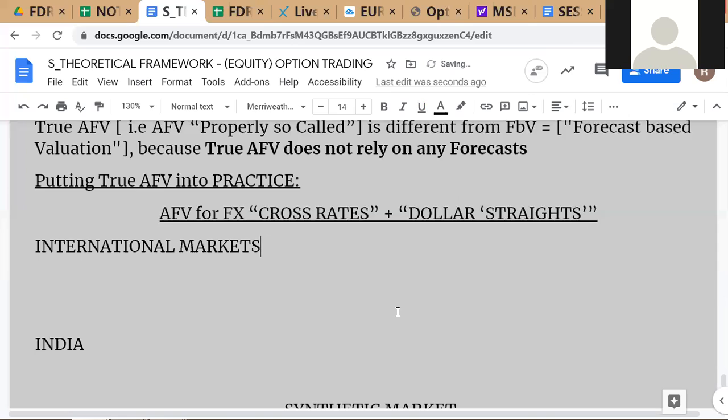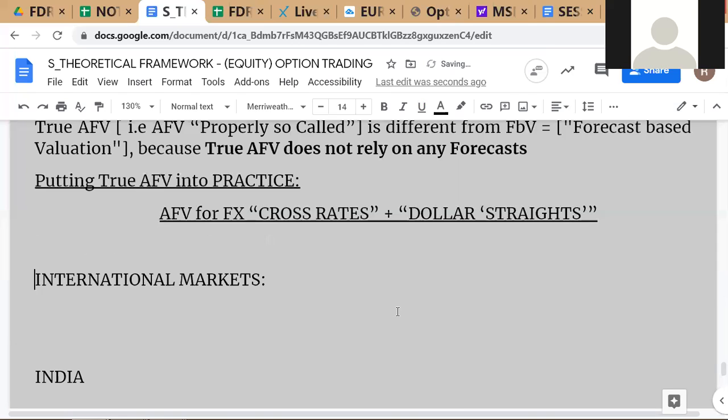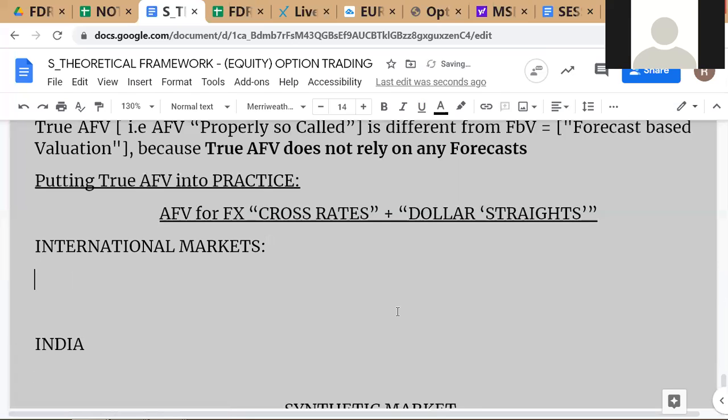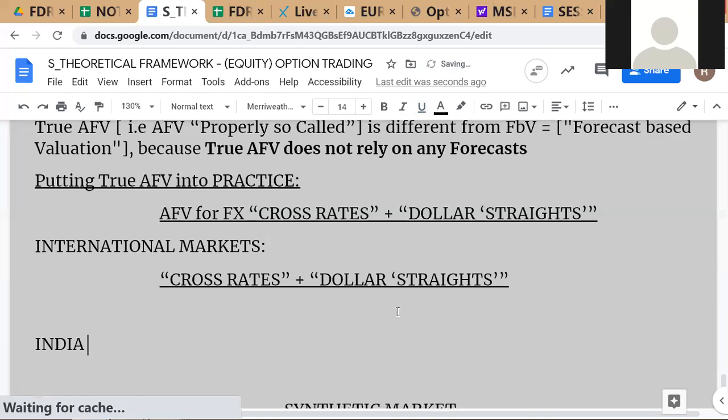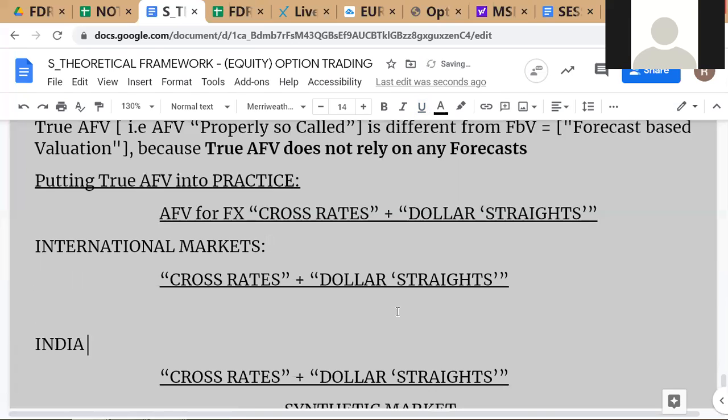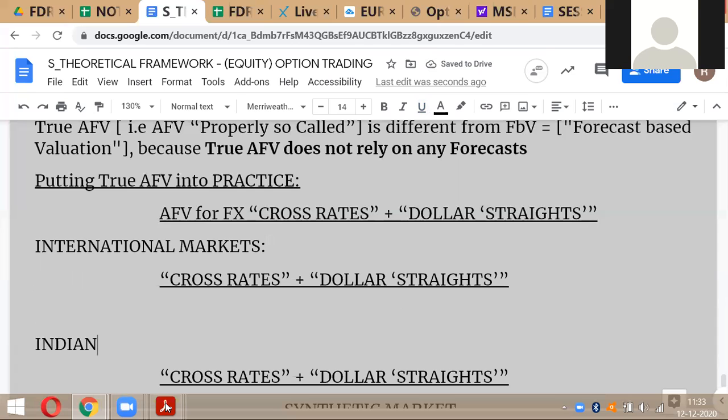Let's look at these terms: cross rates and dollar strengths. And we will use these terms in India as well.